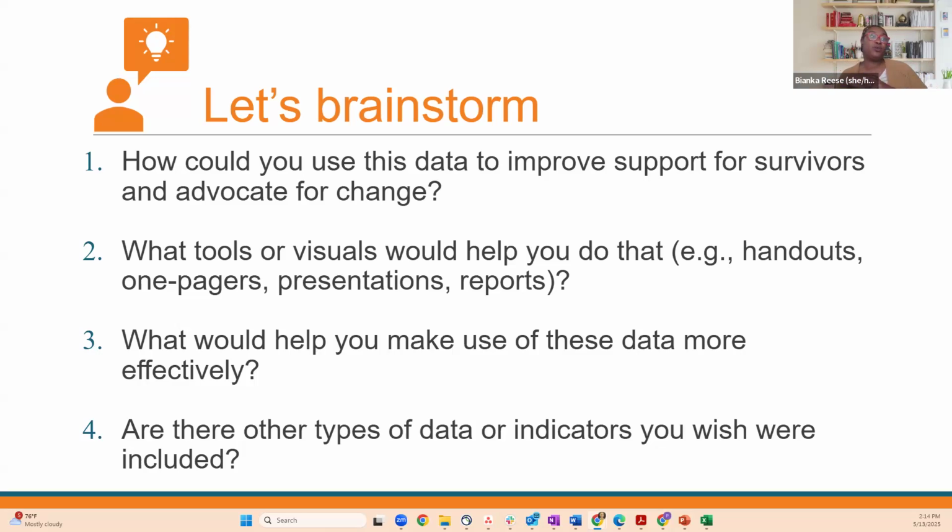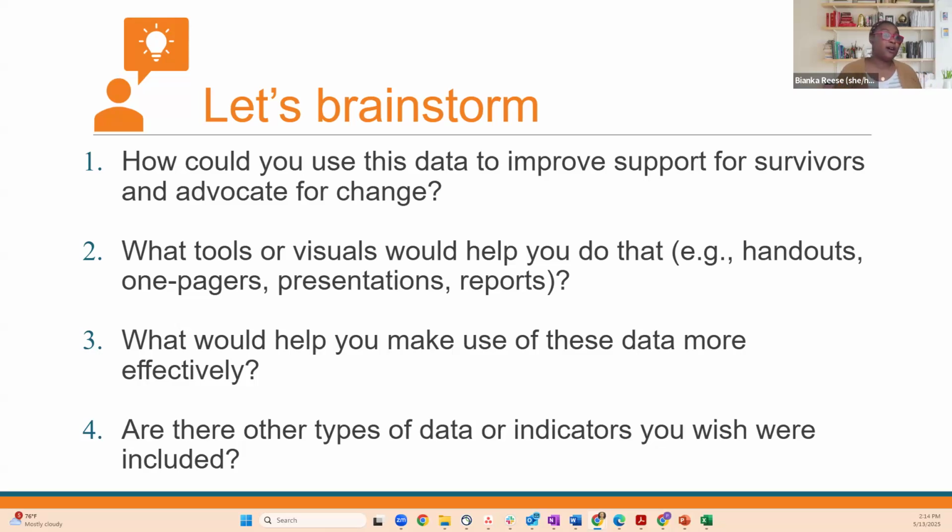What tools or visuals do you think would help you do that? Teresa mentioned using this information on pamphlets for a networking fair or community fair. What other visuals could you use to help you use this data? Infographics, yes.